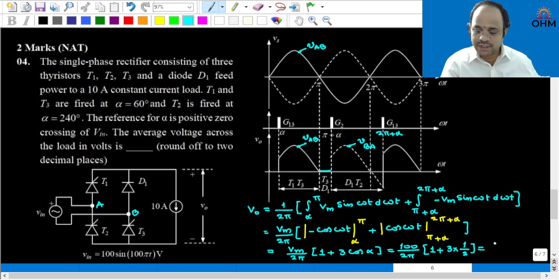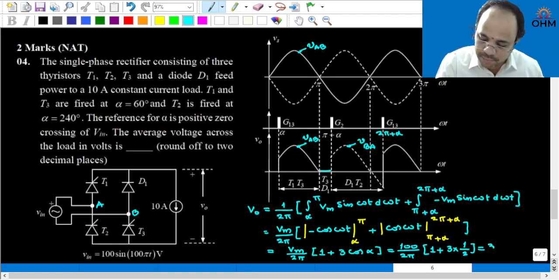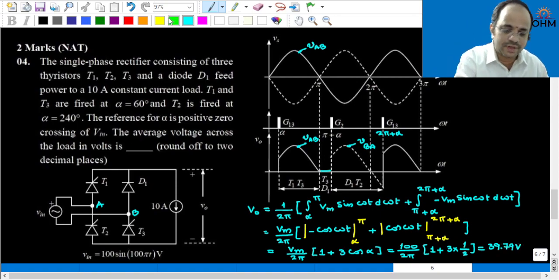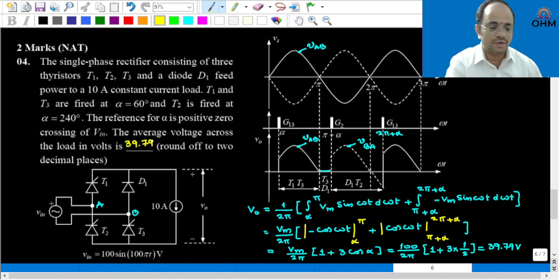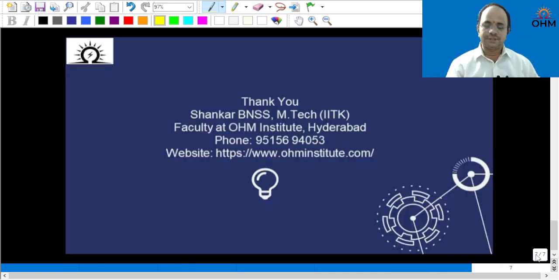If you calculate this value, it is equal to 39.79 volt. So for this question, the answer is 39.79 volt. These are all the questions given in GATE 2023 from Power Electronics specialization.